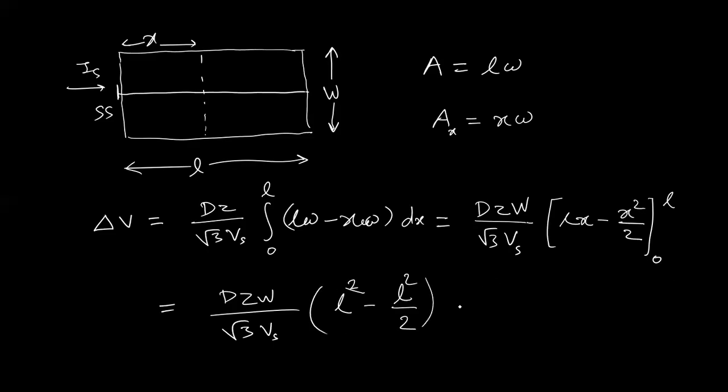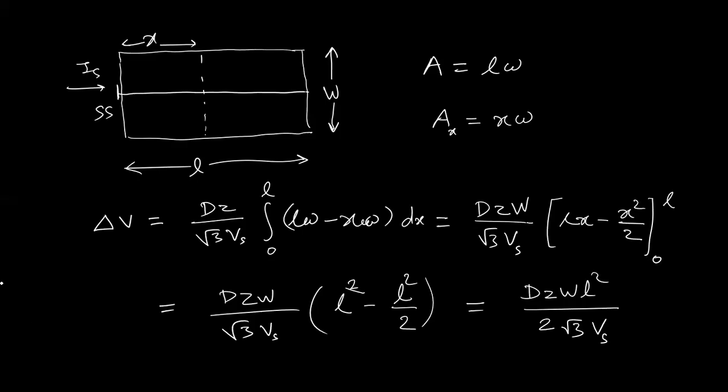Simplifying, it becomes dZW L square by 2 root 3 Vs. So that is the total voltage drop that we can obtain.